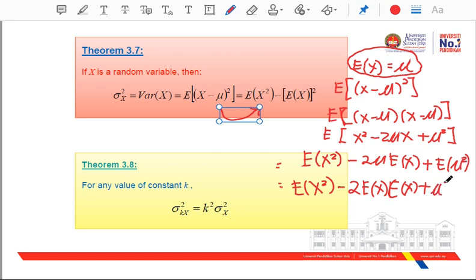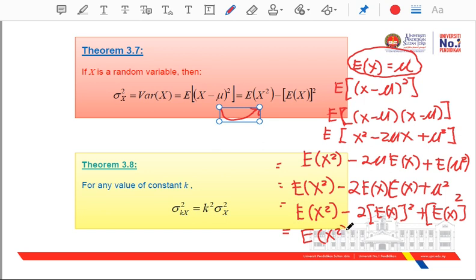So you get here E(X squared) minus 2[E(X)] squared plus mu squared, and remember mu is actually E(X), so it becomes [E(X)] squared. You simplify these two parts because they have the same term, so it becomes E(X squared) minus [E(X)] squared, or mean squared. So this is actually variance X.